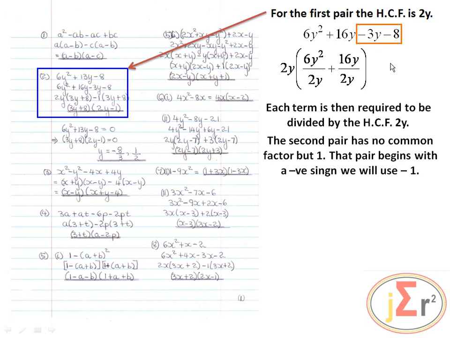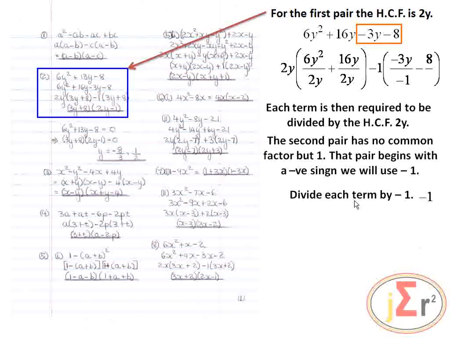And there is surely no letter or symbol that we have that is common here and here. So our common factor is 1. But in the custom of using the sign that begins the second pair, we will factorize by taking a common factor of negative 1. And we will divide, as usual, each term by the highest common factor of negative 1.